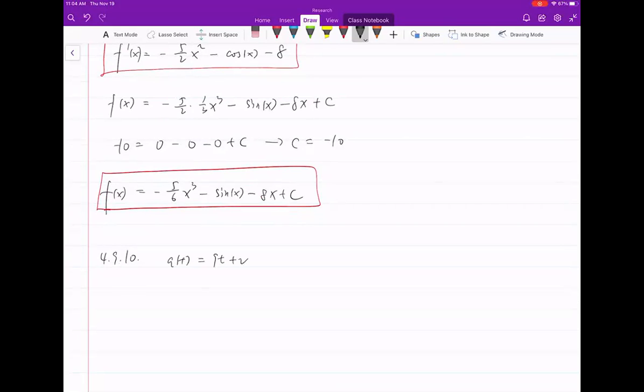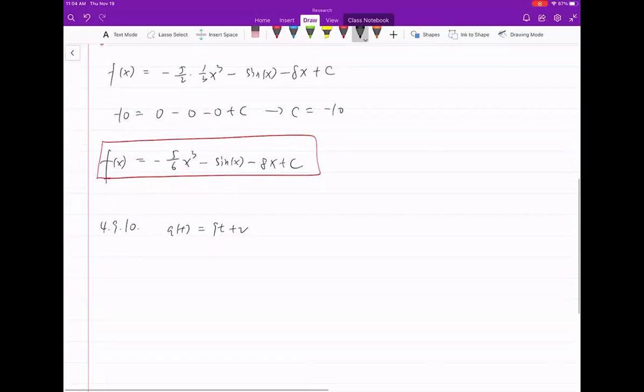Find the position s(t), knowing s(0) equals 1 and v(0) equals -4.